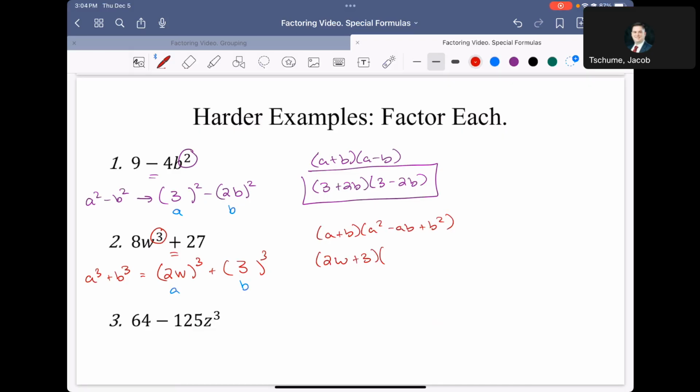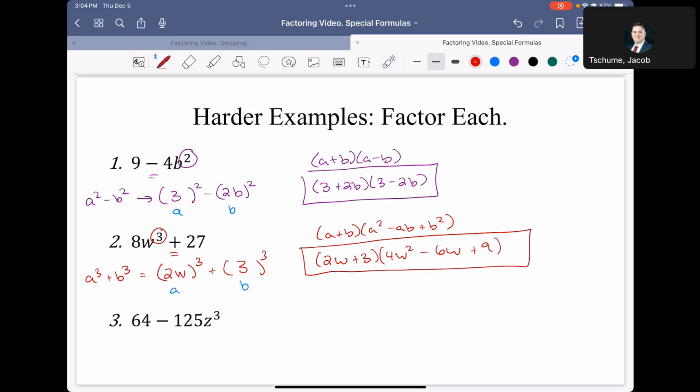If I square the A value, 2 times 2 is 4, and then w squared, minus, I'm going to multiply the A and B value together. So 2w times 3 should give you 6w, and then plus, I'm going to do B squared. So 3 squared should give us 9. And this is your factored sum of cubes formula following the same structure.